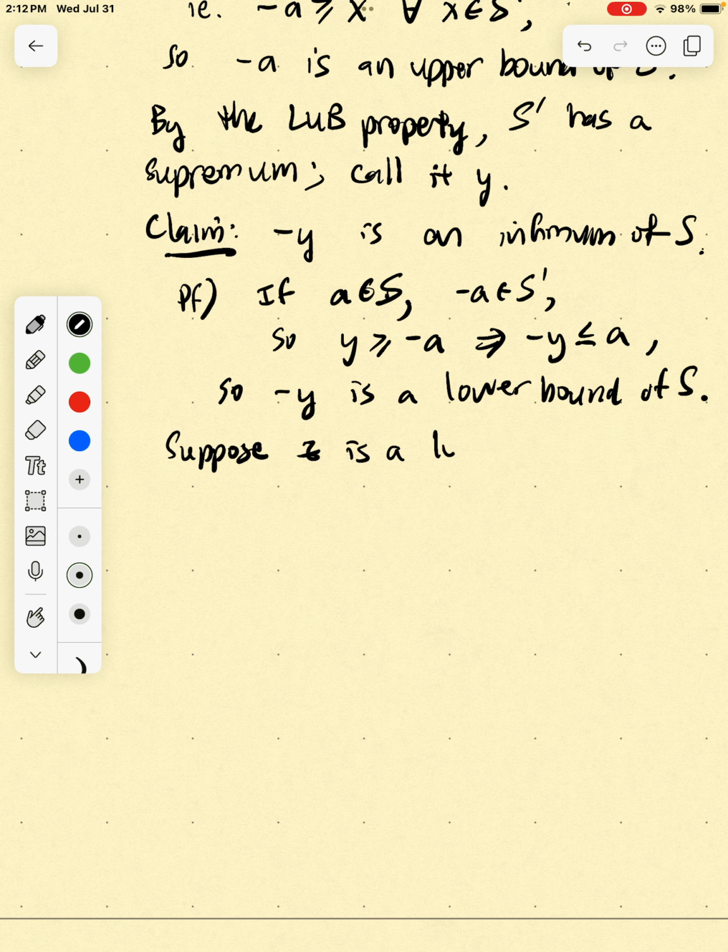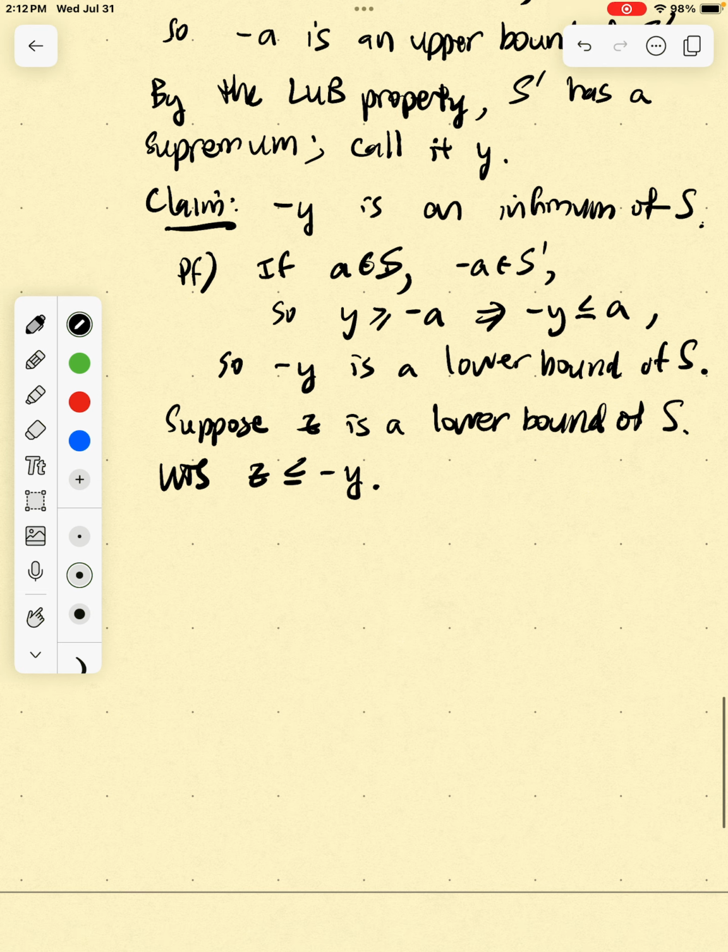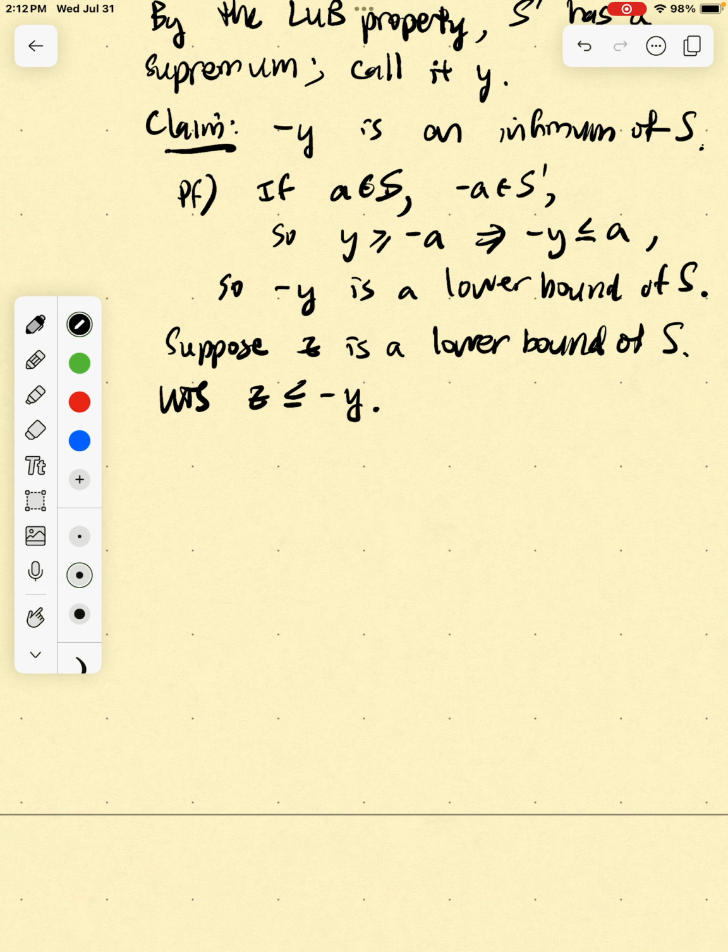And then the next thing we need to prove is, so suppose that Z is a lower bound of S. What do we need to prove? We need to prove that Z is less than or equal to negative y to show that negative y is the greatest lower bound. Well, if Z is a lower bound of S, then we know that negative Z is an upper bound of S prime.